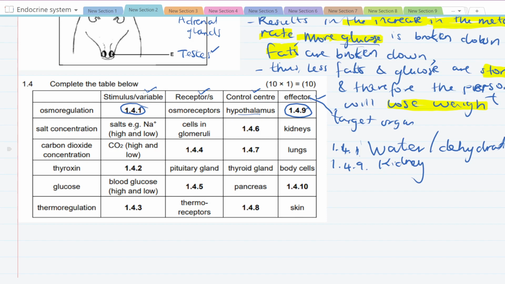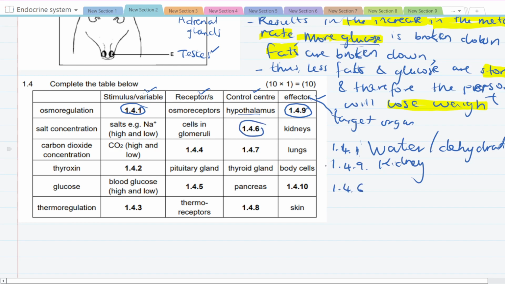What is salt concentration here? For salt concentration, you're looking at salt or Na plus being high and low, and the cells in the glomeruli will detect that decrease or increase. And the control center, of course, this is 1.4.6.